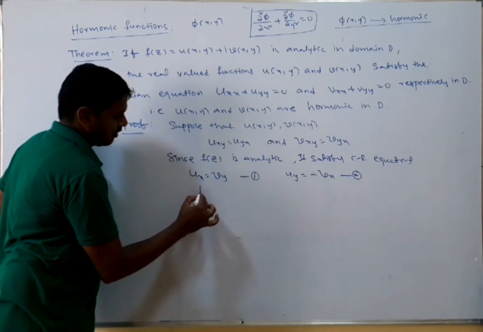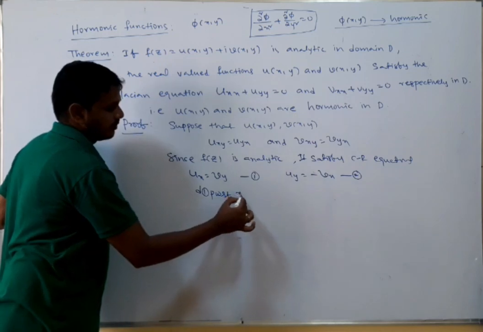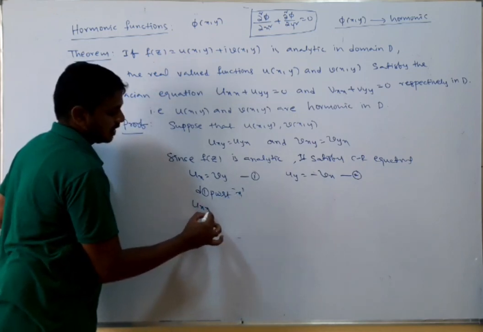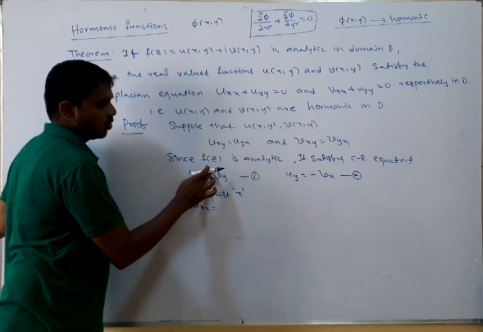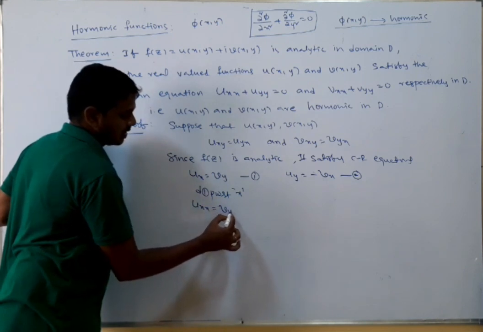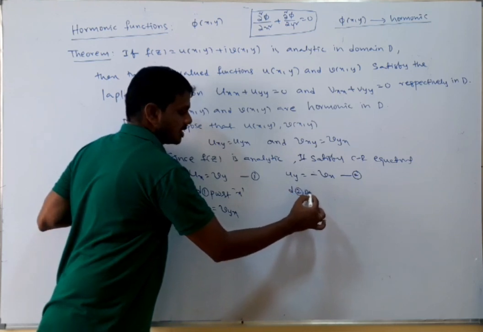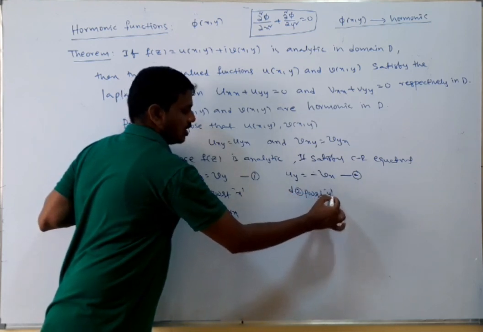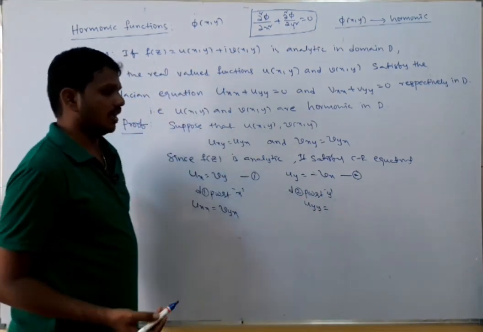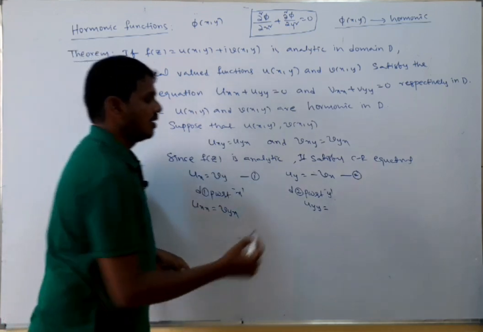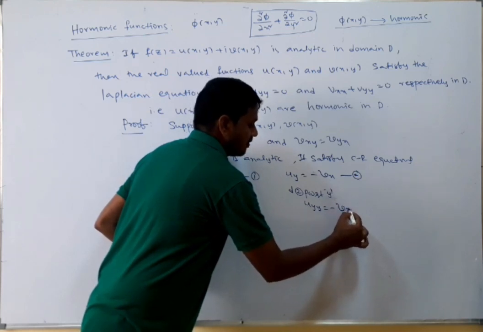Now differentiating 1 partially with respect to x. So uxx, ∂/∂x of ux, that is uxx, is equal to ∂/∂x of vy, that is vyx. Okay, next, differentiating 2 partially with respect to y. So what we have, uyy, ∂/∂y of uy is uyy, ∂²u/∂y², equals minus ∂/∂y of vx, that is vxy.